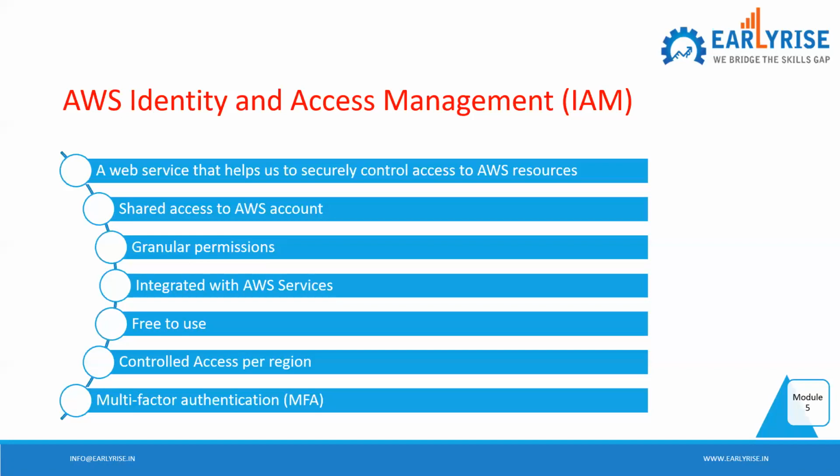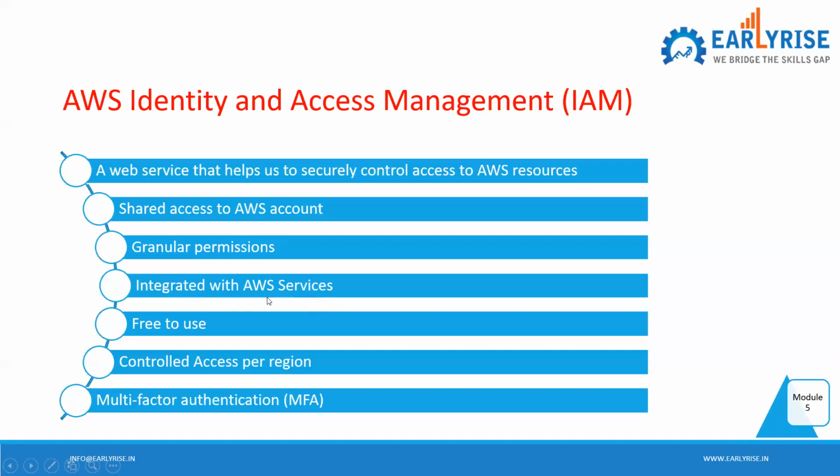Maybe we can give full access to the S3 bucket to the administrator, or only read-only access, where the person can go to the S3 bucket and only see the content, but cannot delete anything. So different types of permission can be granted to different entities. That is granular permission.